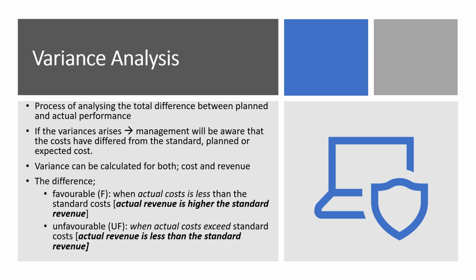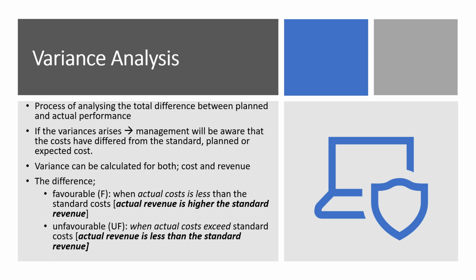The key concept of variance analysis is examining the total difference between what was planned, that is the standard, and what actually occurred. This analysis helps in understanding the extent and causes of deviations from the plan.